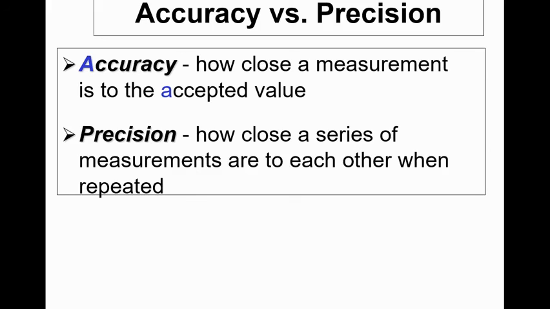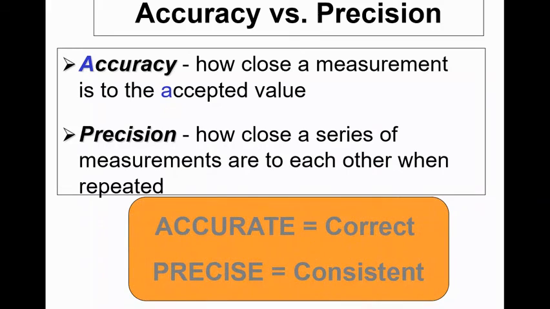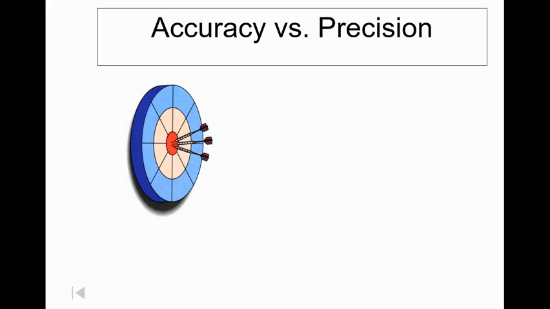Accuracy is how close a measurement is to the acceptable value. And precision is how close the measurements are to each other when repeated. So reproducibility is precision, and accuracy is the accepted value or correct value. So those are the 2 different concepts wrapped up in measurement tools.